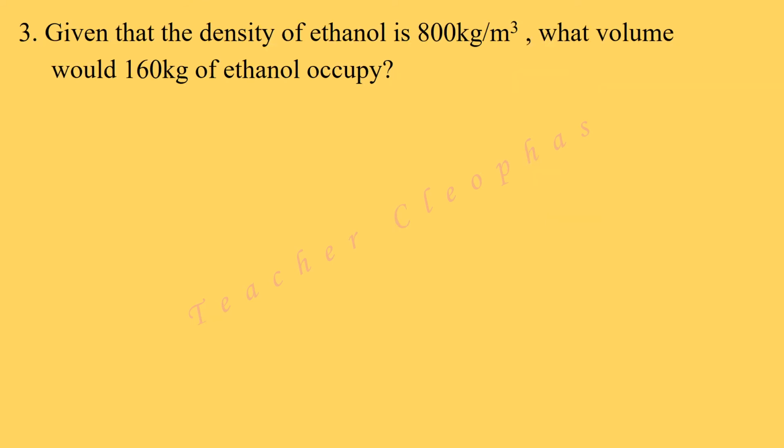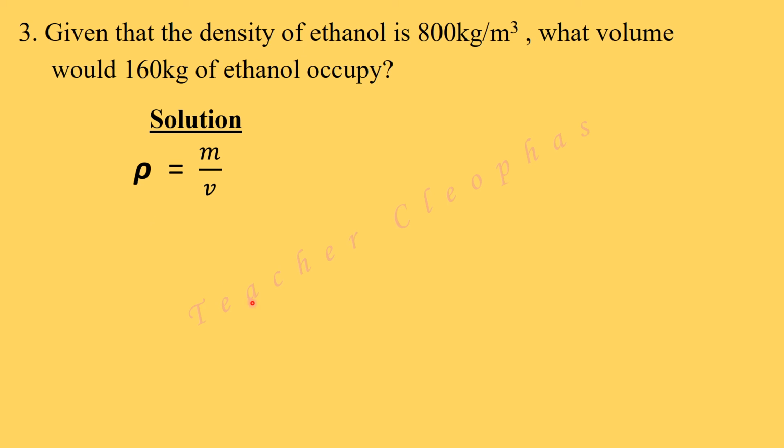Question 3. Given that the density of ethanol is 800 kilograms per cubic meter, what volume would 160 kilograms of ethanol occupy? Solution. We begin from what we know, and that is the formula, density equals mass over volume.